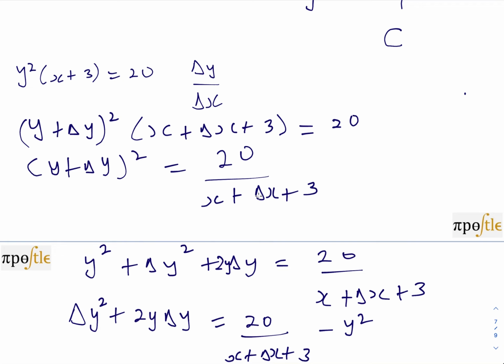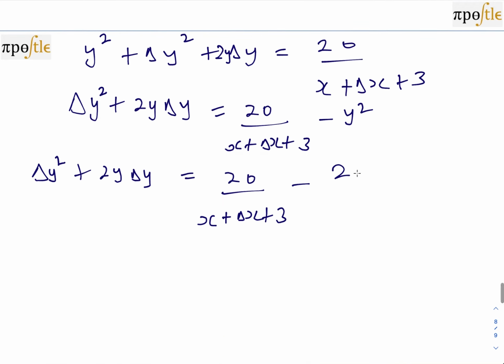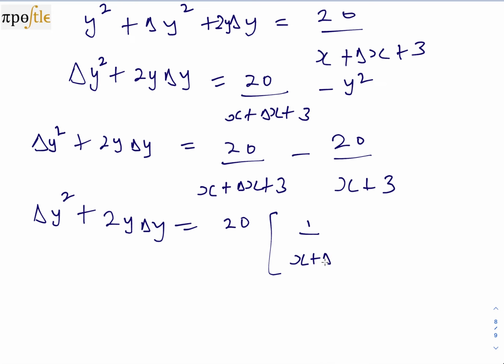Using that substitution, I can put 20 divided by (x plus 3) here. So we have delta y squared plus 2y delta y equals 20 times (1 over (x plus delta x plus 3) minus 1 over (x plus 3)).